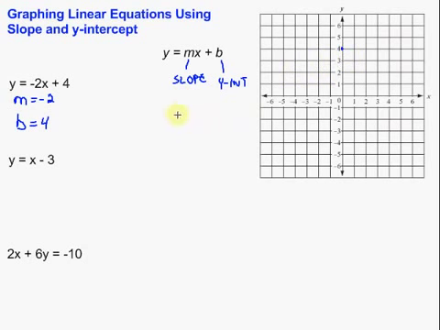Now remember, the general form of slope is rise over run. So we can use that fact. If we can write the slope as a fraction, we can use the rise and the run to give us additional points. So -2 as a fraction would be -2 over 1.